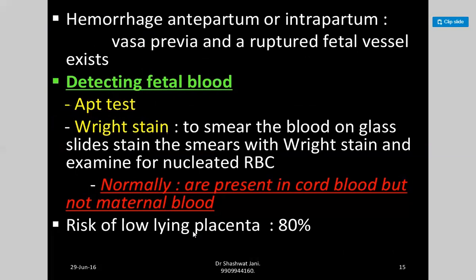Mind it, why are we saying this? When we collect this, it is not present in maternal blood but it is present in cord blood. That is what we have to see. These nucleated RBCs, and the risk with low-lying placenta is about 80%.